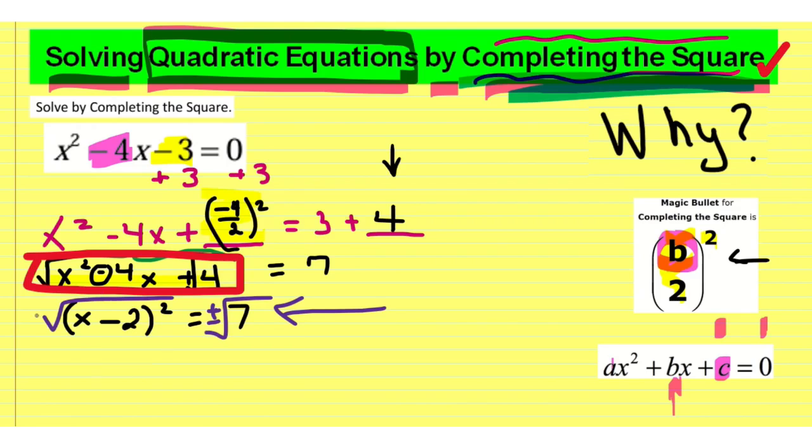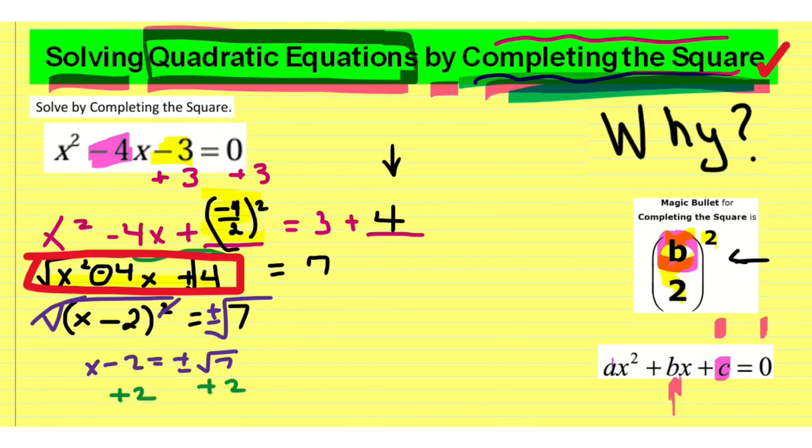So now this square root is going to cancel out the square. I'm left with x minus 2 is equal to plus or minus square root of 7. And now I'm going to add 2 to both sides. So plus 2 and plus 2. So where does that leave me?